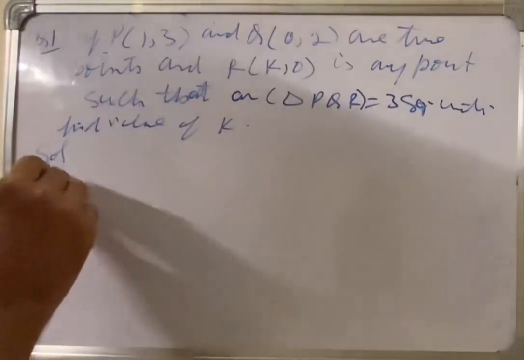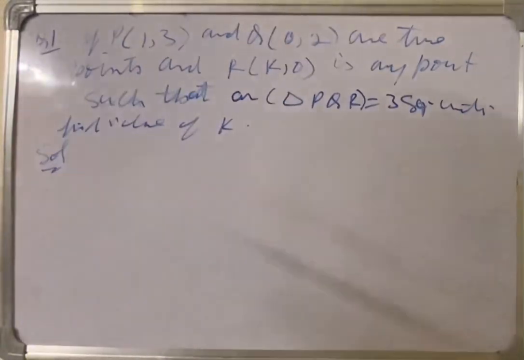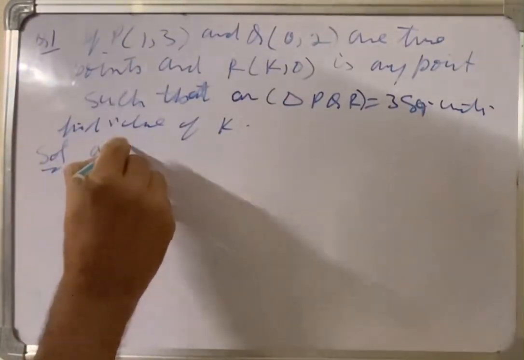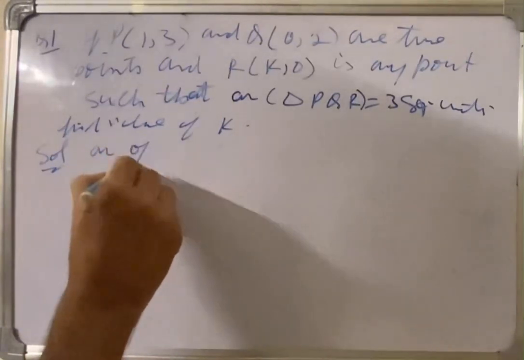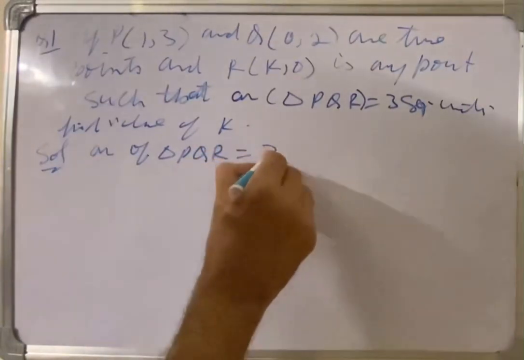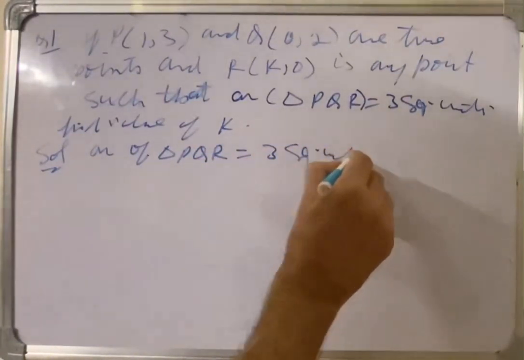Solution: area of triangle PQR is 3 square units.